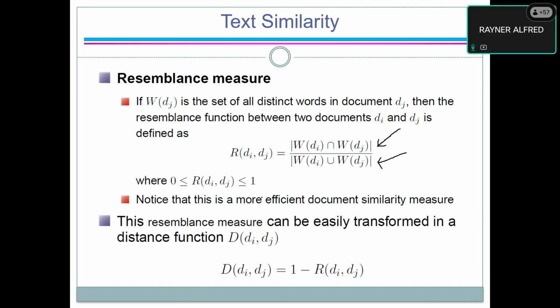So the value will be between 0 and 1, and based on this, we can find the distance by subtracting the percentage from 1. So the smaller the value, the more similar they are.